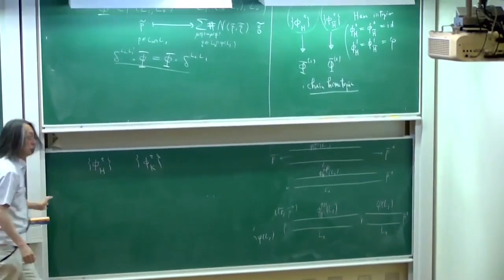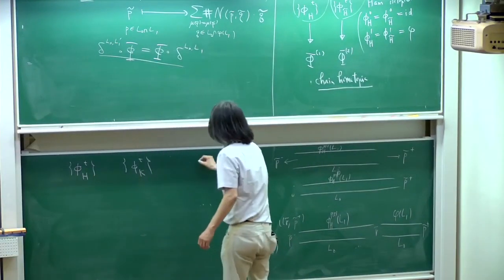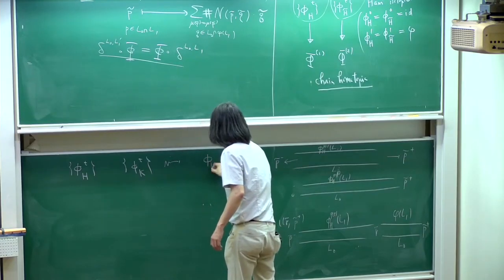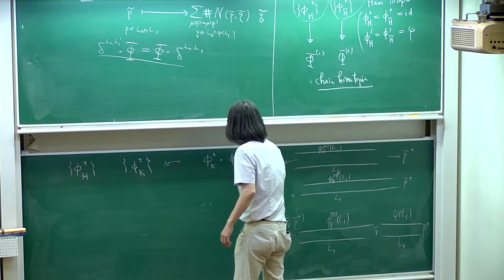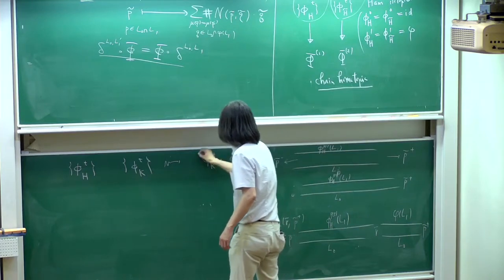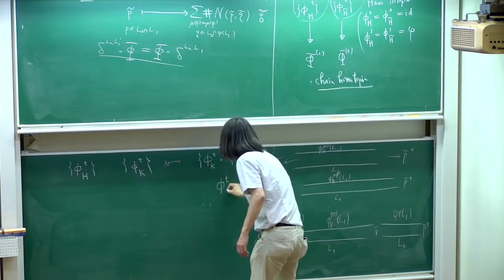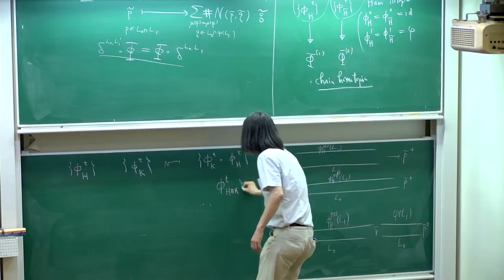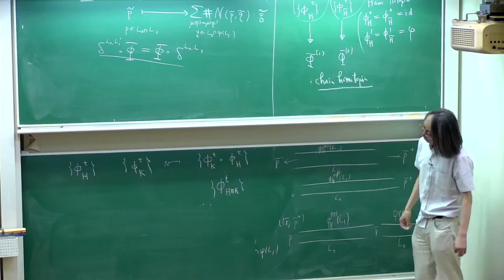You can concatenate them, namely consider phi k t composed with phi h t. Or there is a way to cook up some other Hamiltonian function. Some people like this way. No, this is the same.